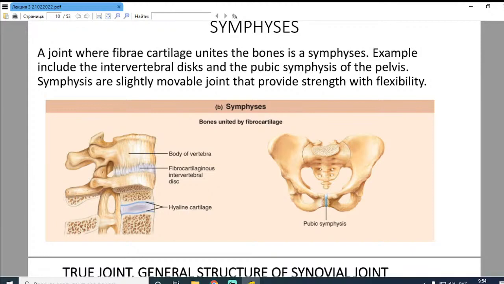Symphyses are slightly movable joints that provide strength with flexibility. Examples of symphysis: the pubic symphysis and the fibrocartilaginous intervertebral disc. What you see is part of the vertebra. What you see is hyaline cartilage.